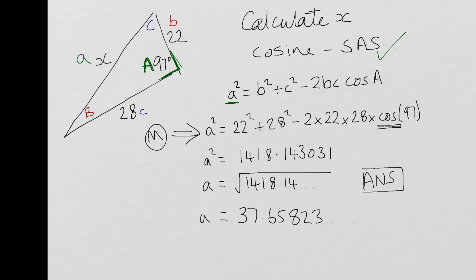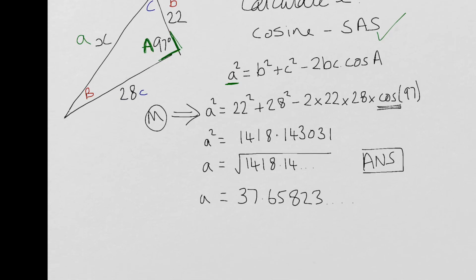So here's the initial answer, 37.65, etc. I would write that in this case to one decimal place. So 37.7, it doesn't really say centimetres, but let's assume that it was. So that's how you decide whether you are using the cosine rule or the sine rule to solve a question.